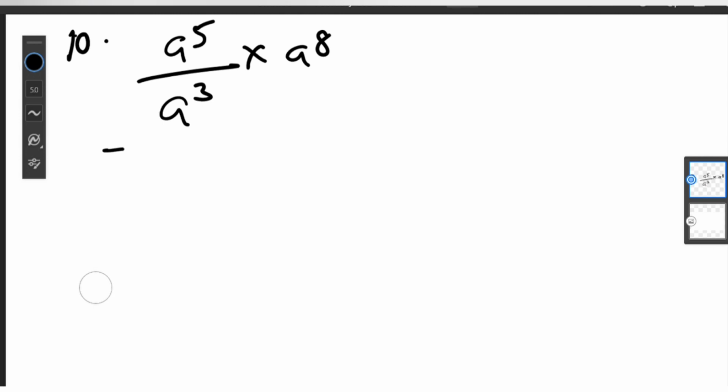Okay. Then next problem. 10th problem. A raised to 5 by a raised to 3 into a raised to 8. What is that? A raised to 5, that is division it is given here. We have to simplify it.